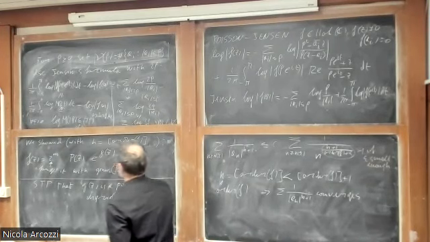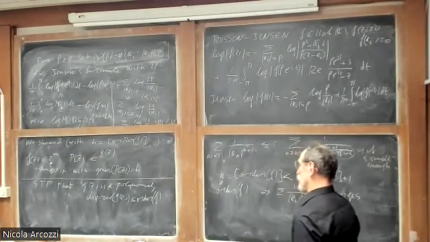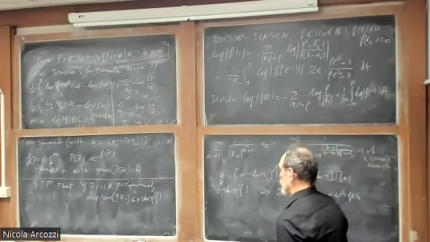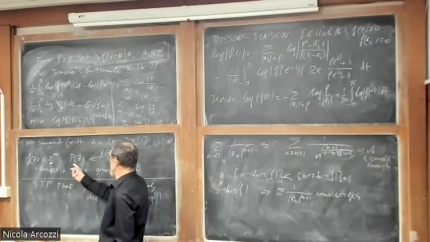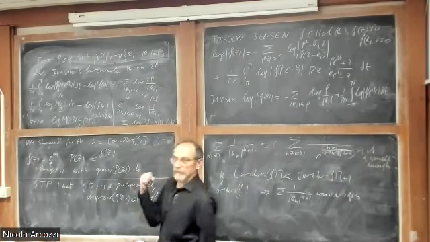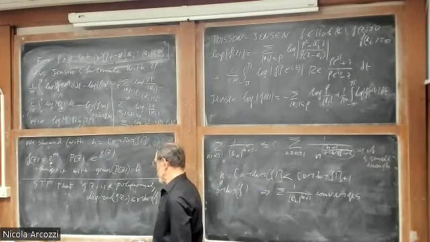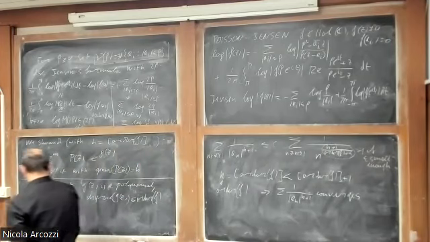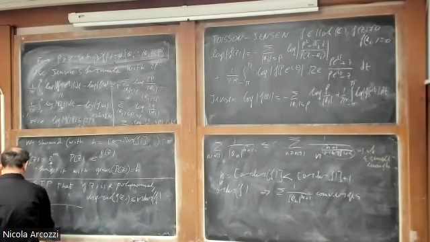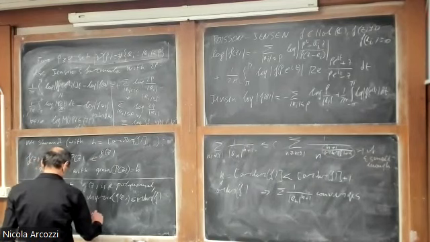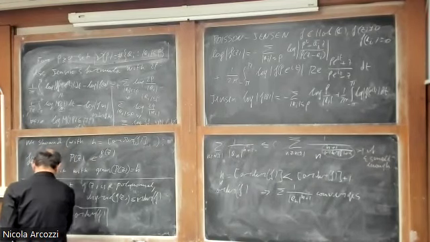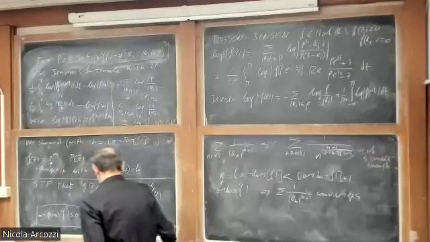So that's our next goal. Because if you show this, then the genus of this is less than or equal to the order of f. That is what we want to show.